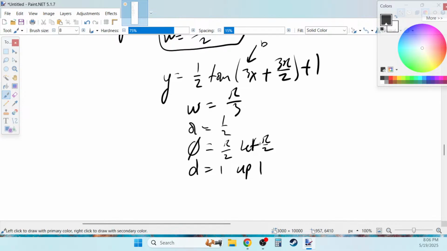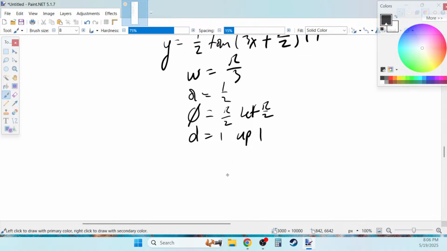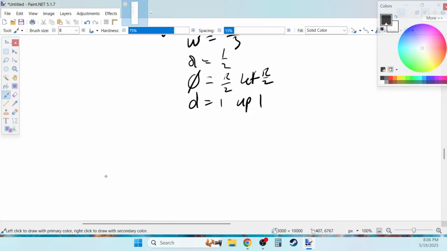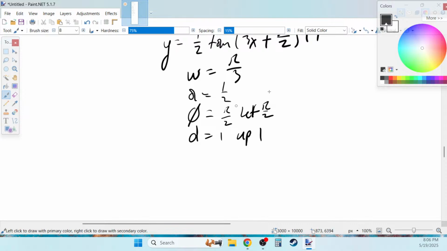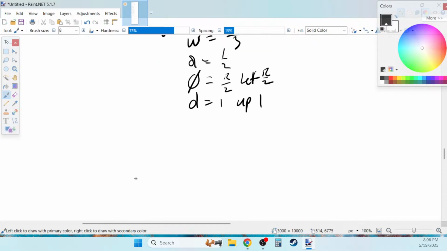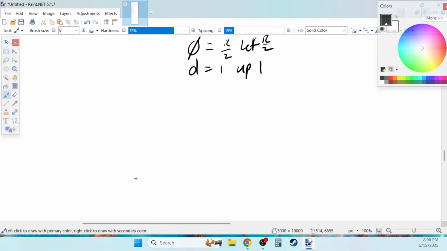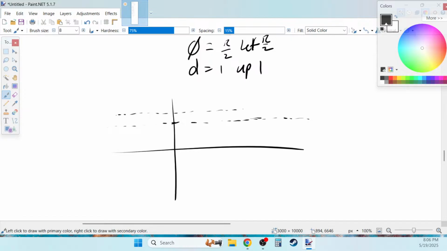Amplitude is what it is. Wavelength is what it is. So now when we graph this, it should hit horizontally instead of vertically. Anyway, we look at the offset first. Up 1, make this 1. And we're going to go up 1/2 and down 1/2.